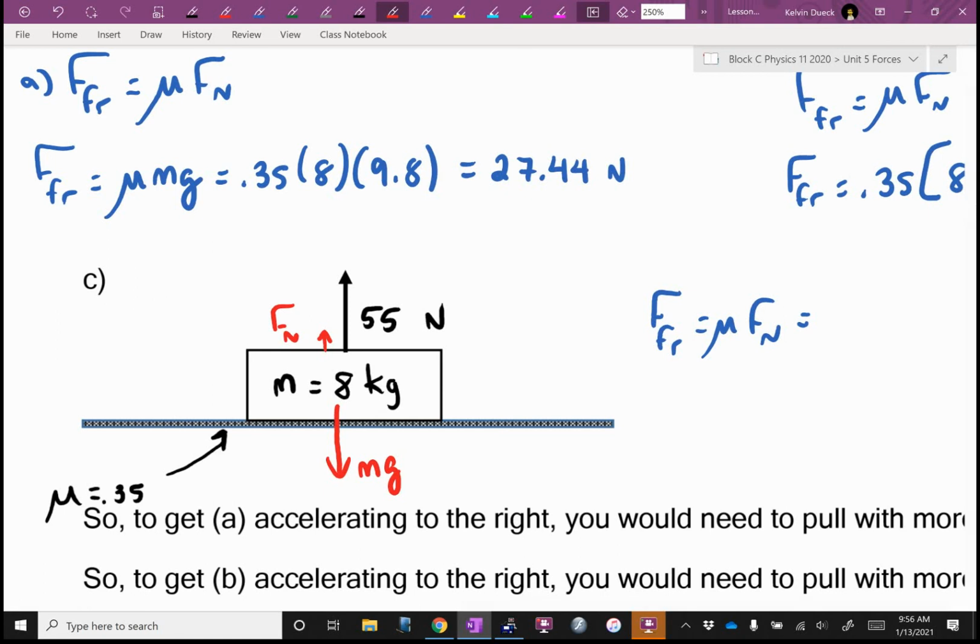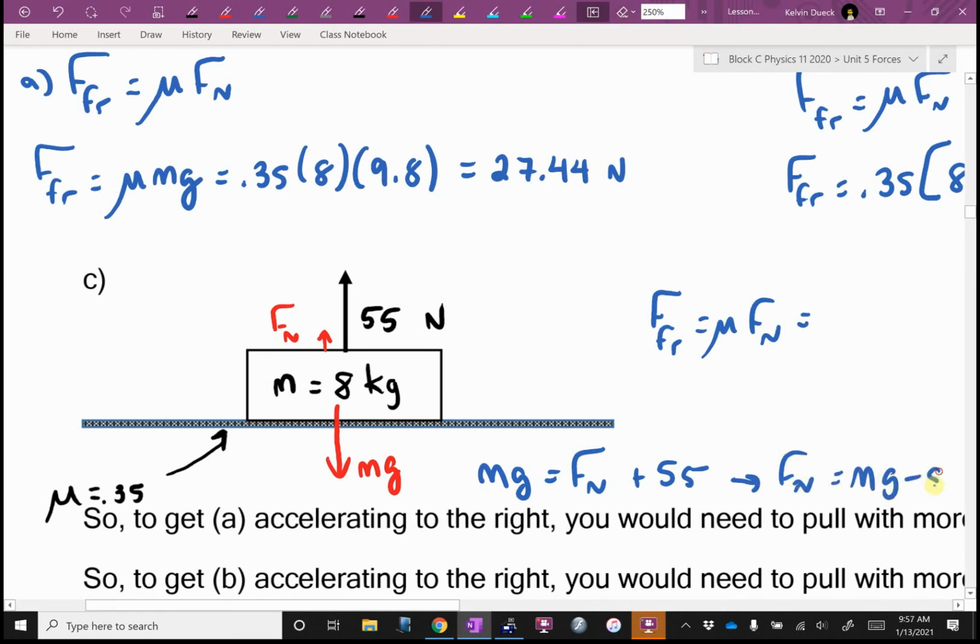Then everything down, mg, equals everything up, normal force and that 55. Garrett, how would I get the Fn by itself? You're saying the normal force is mg minus 55?